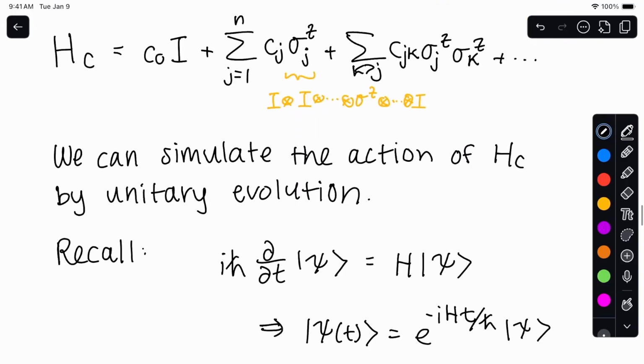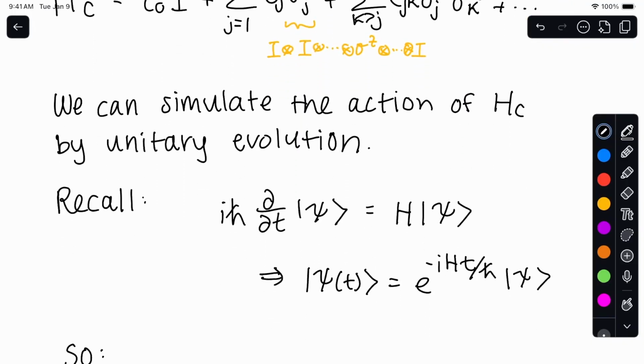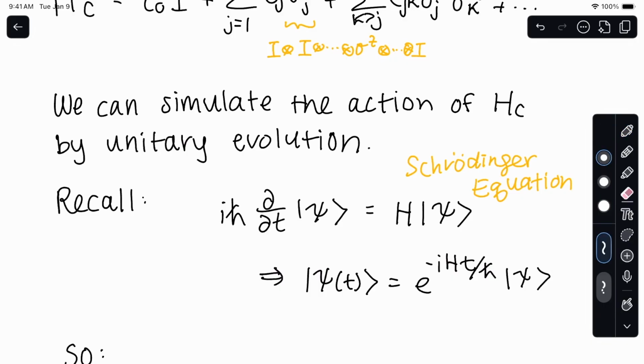So recall that we can simulate the action of our cost Hamiltonian, or any Hamiltonian, by unitary evolution. So remember our favorite equation, the Schrödinger equation, which says that i h bar d/dt of psi equals H times psi. And if you solve this differential equation, you find that psi at time t is equal to e to the minus iHt over h bar times psi at time 0.